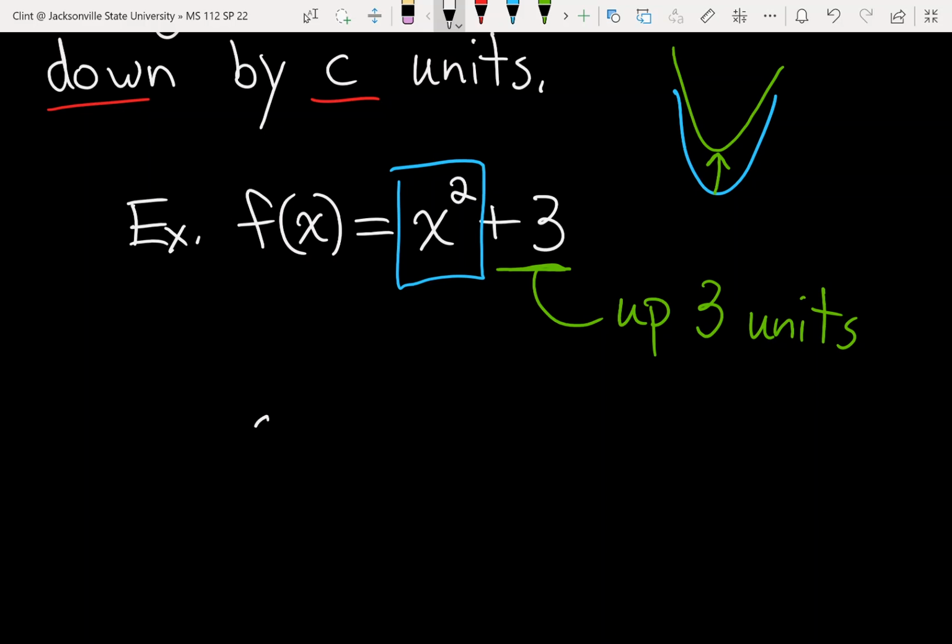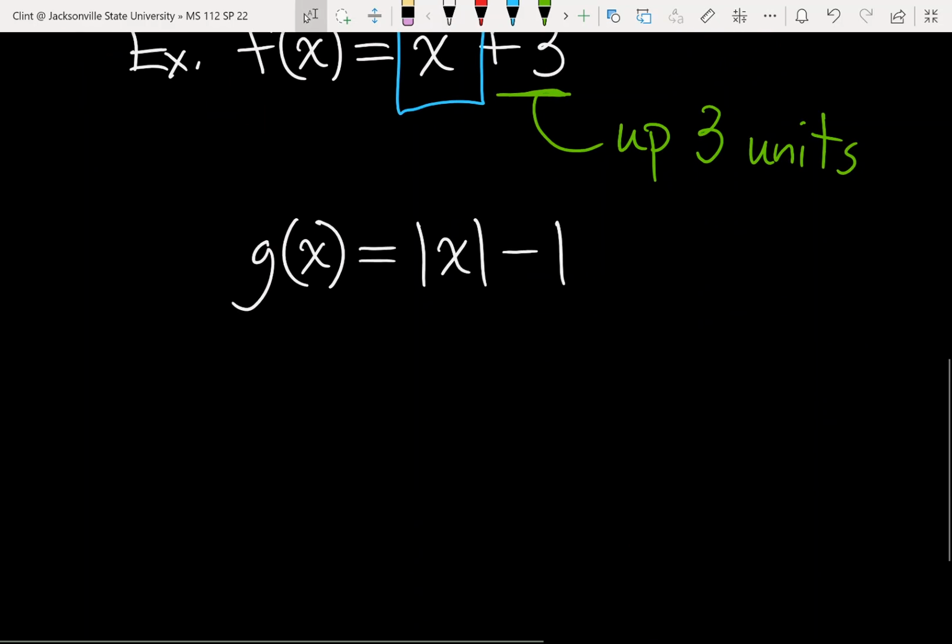Here's another one, where we're dealing with absolute value this time. Absolute value of x, we think about that as our starting function.